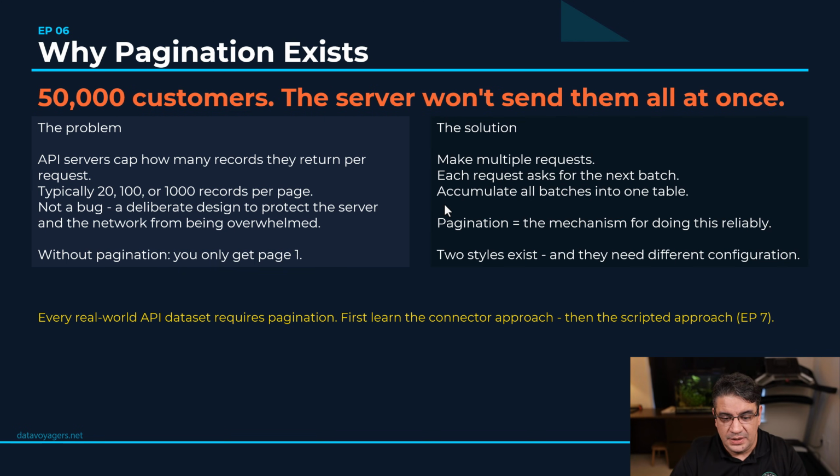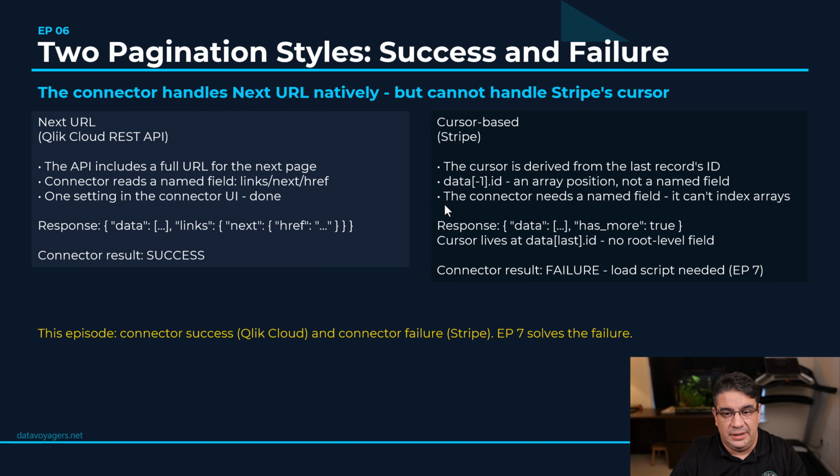Okay. And again, pretty much every API has a pagination style. So we have to learn, understand, and see how Qlik supports it. So every time you have a new REST API to implement, you need access to the documentation.